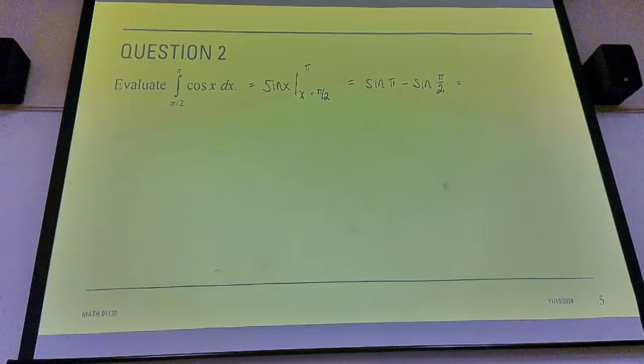Sine of pi minus sine of pi over 2 is what? Oh, that's just negative 1. There's your integral.